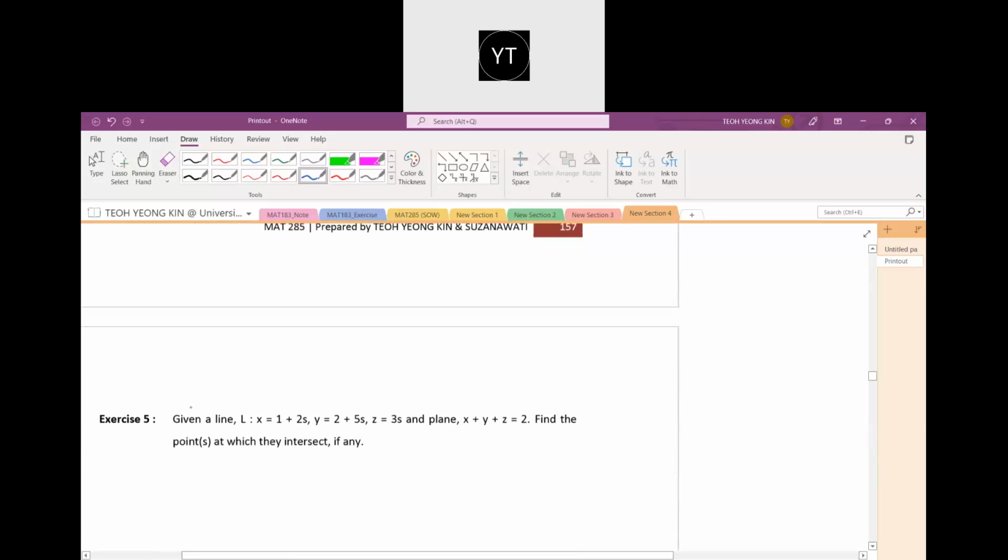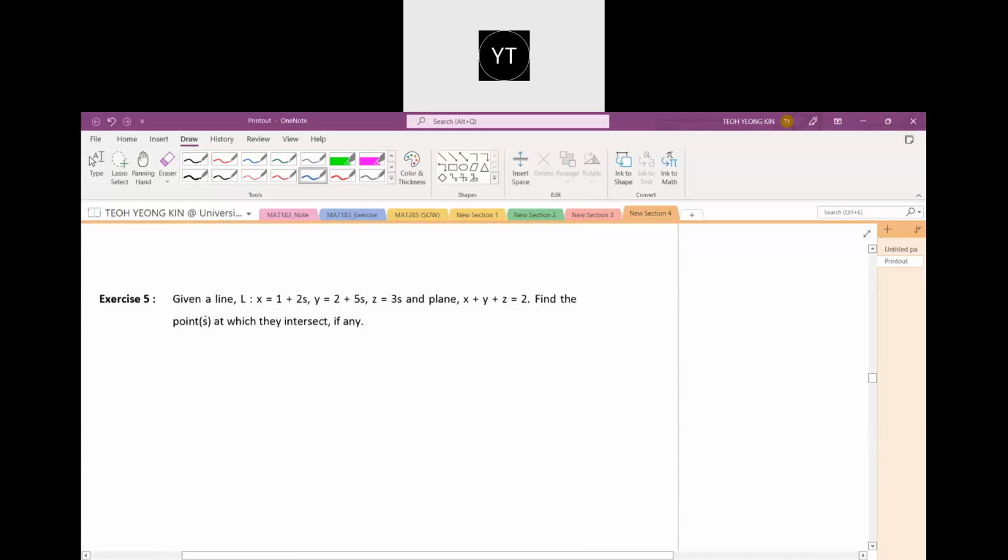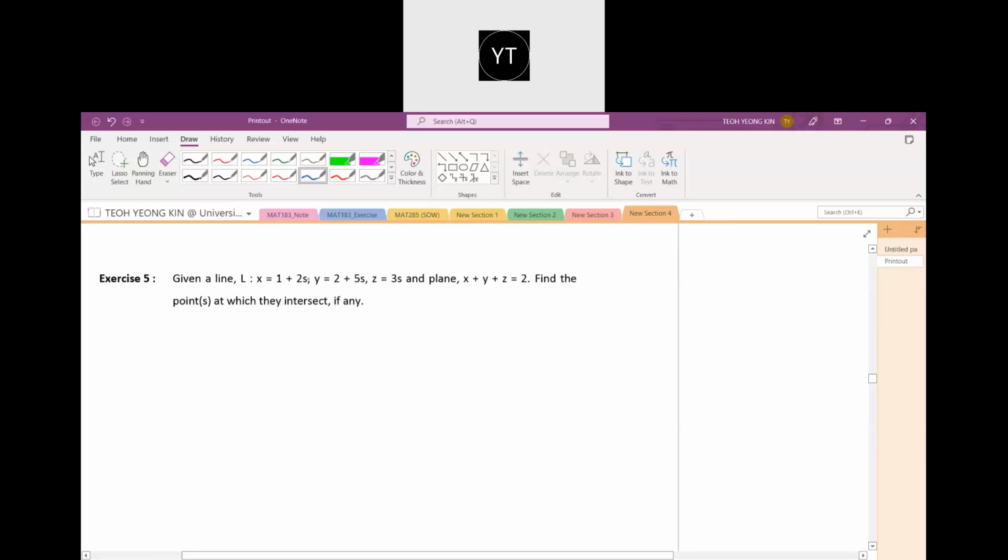Now we look at exercise 5. Given a line where x, y, and z are in terms of s, and a plane x plus y plus z equals 2, find the point at which they intersect. First, we substitute x, y, z in terms of s into the equation of the plane.